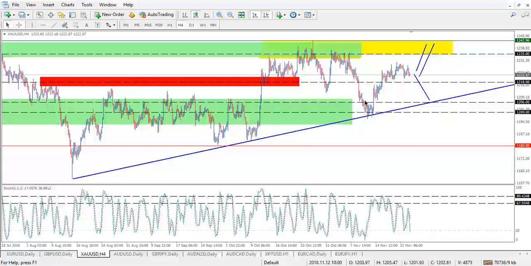Let's move to the gold on the 4 hours time frame. As you can see here, the pair is trading in no clear area where we can enter the market now, so we have two scenarios as a matter of fact.